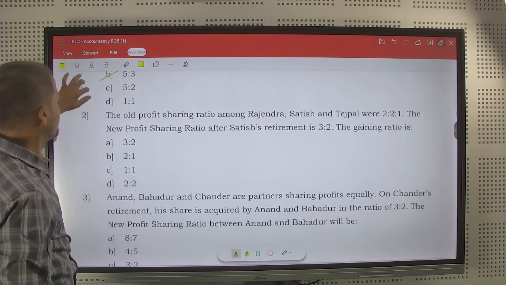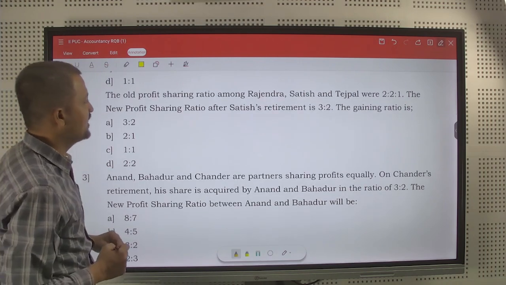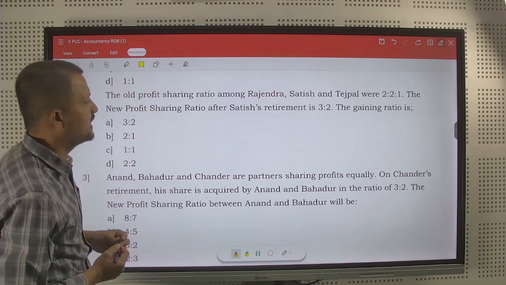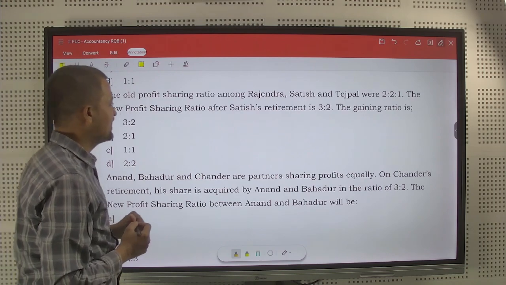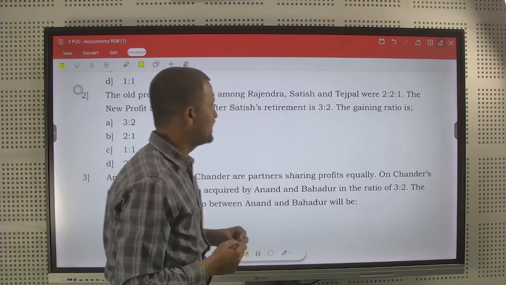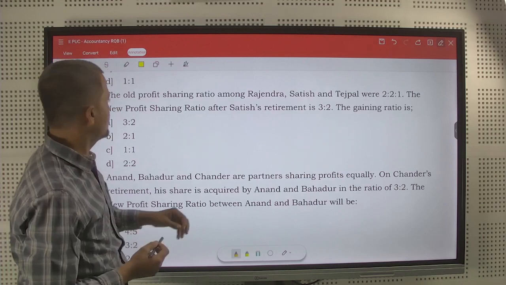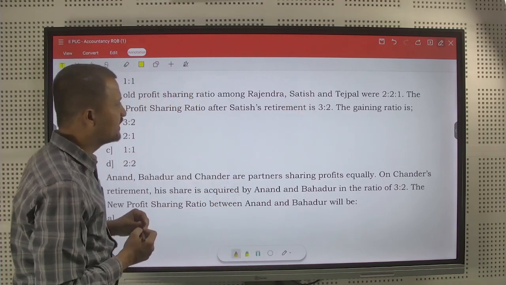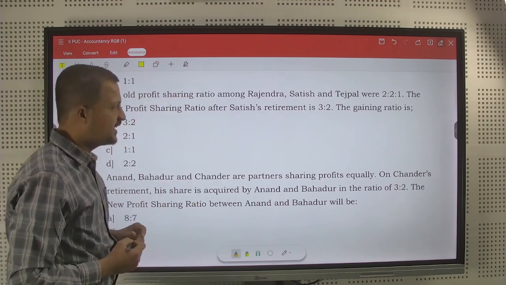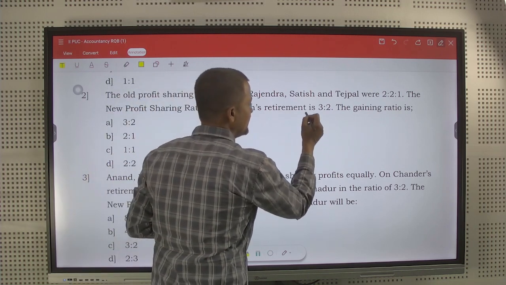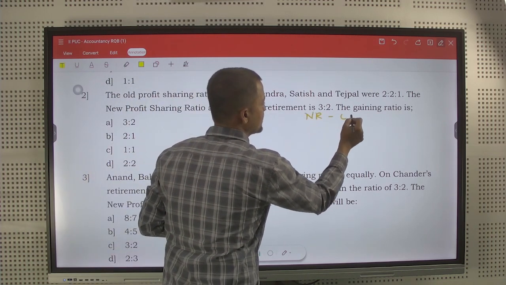5:3. The old profit sharing ratio among Rajendra, Satish and Tejpal is 2:2:1. The new profit sharing ratio on Satish's retirement, who is the second person, is 3:2. What is the gaining ratio? We know that the gaining ratio is NR minus OR.